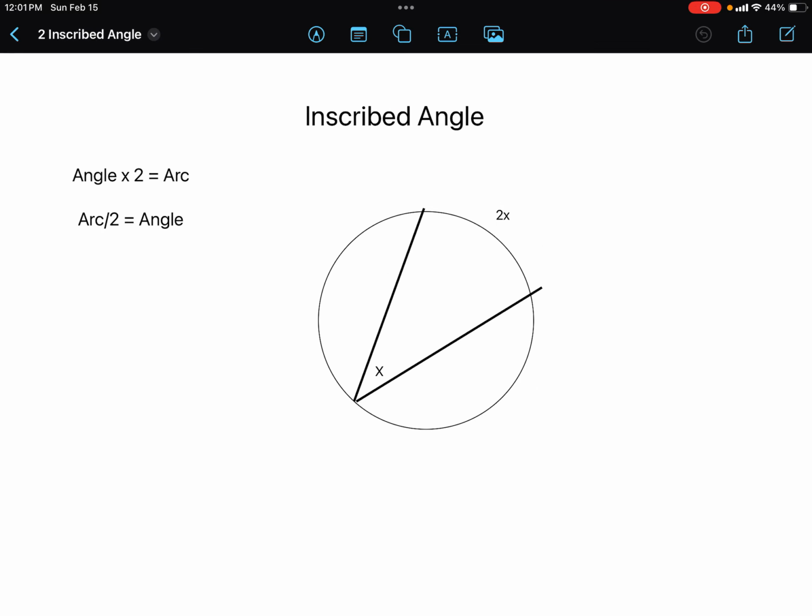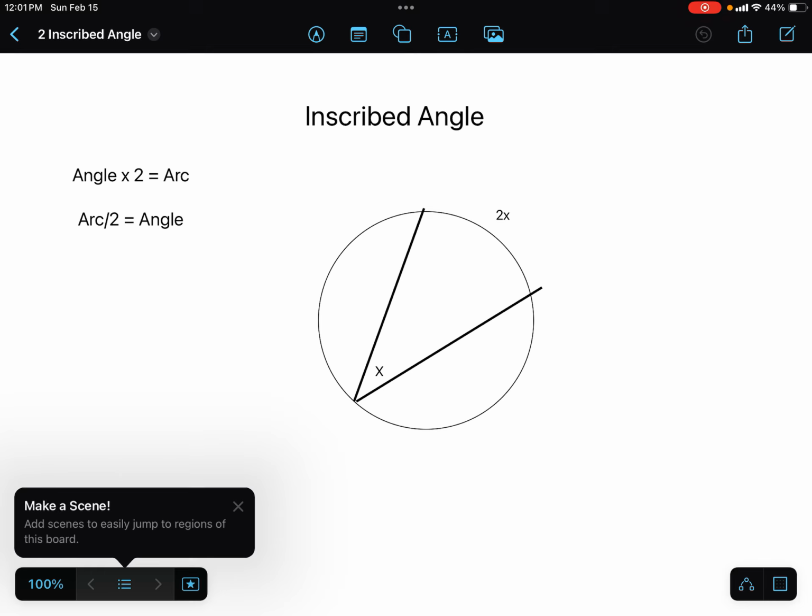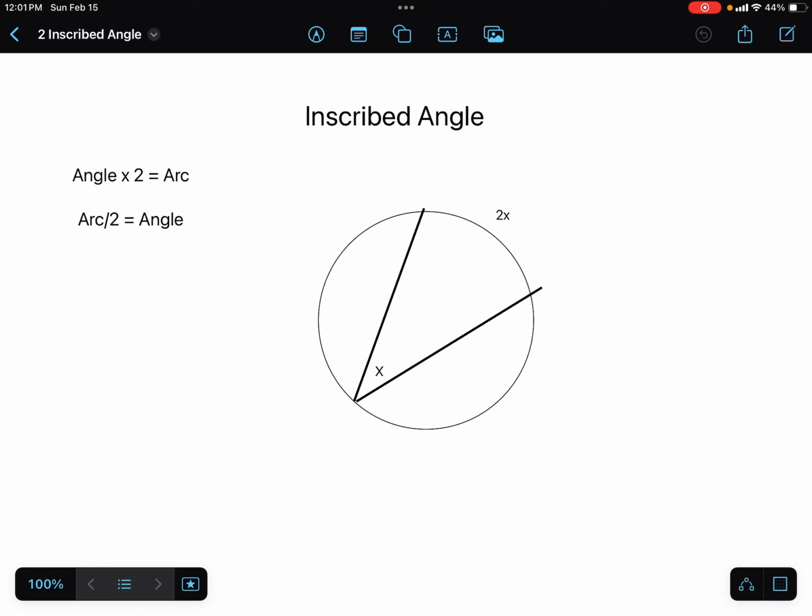The inscribed angle is not quite as simple, but still not too bad. Here, the angle measure times 2 is going to be equal to the arc measure, or put another way, the arc measure divided by 2 equals the angle measure. So let's say that this x here, this angle measure for this inscribed angle, was 40 degrees.